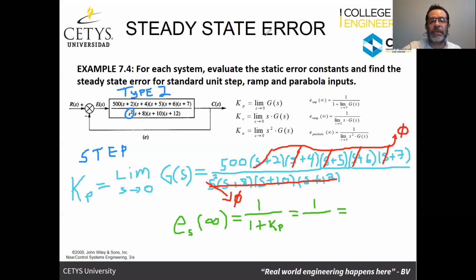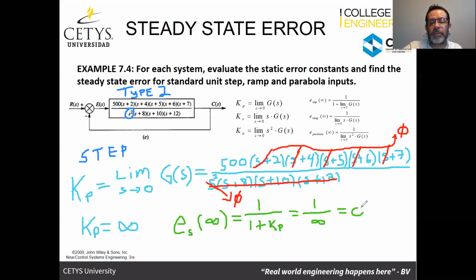Then this is going to be equal to 0. Okay, Kp is going to be equal to 0. I'm sorry, not 0. Kp is going to be equal to infinite. And since Kp is equal to infinite, 1 plus infinite is infinite.